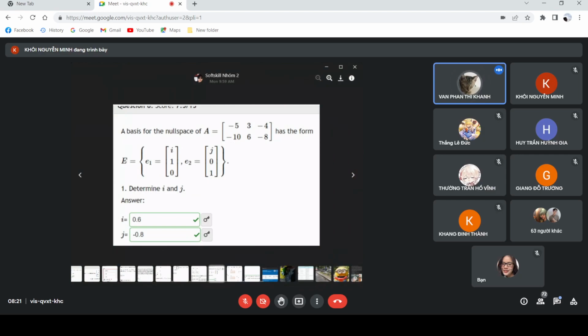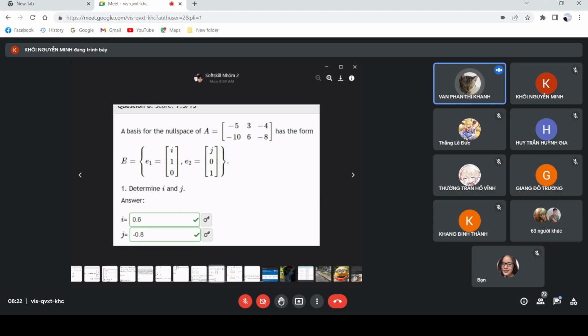Okay, the basis for the null space of A has this form. Last time we already considered a null space, right? Do you remember how we can find the basis of a null space? The null space is the set of all solutions of a homogeneous linear system.